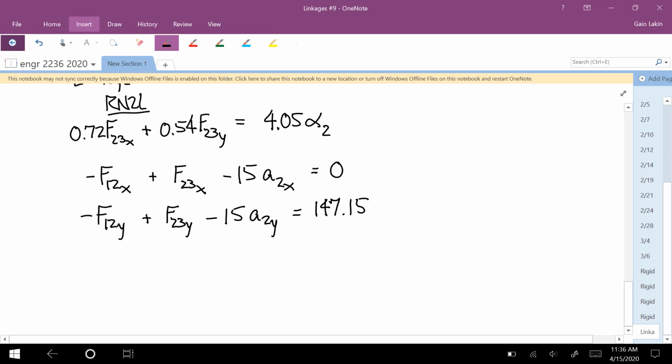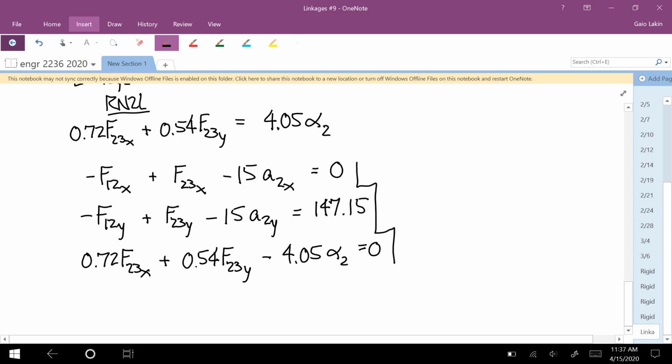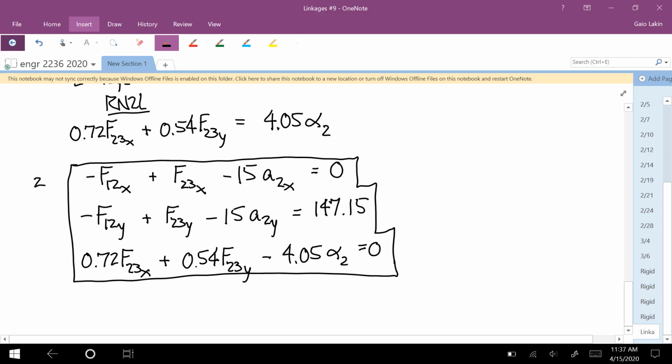And then the third one says 0.72 F23x plus 0.54 F23y minus 4.05 alpha 2 is equal to 0. So this one's equation 2 star, 3 star, and 4 star. And what do we have for equations now?